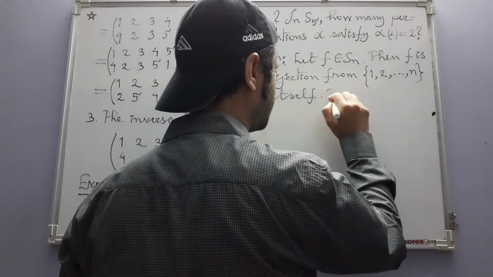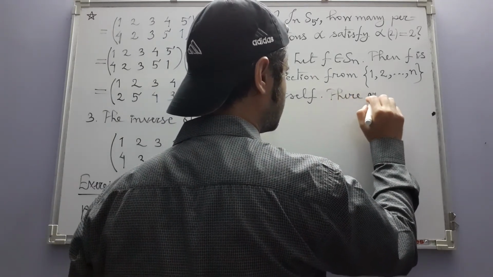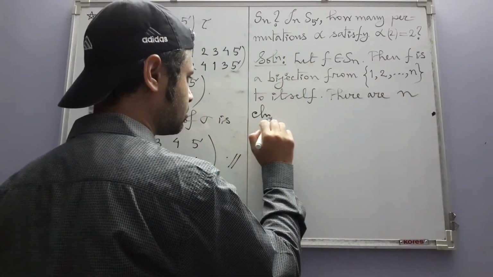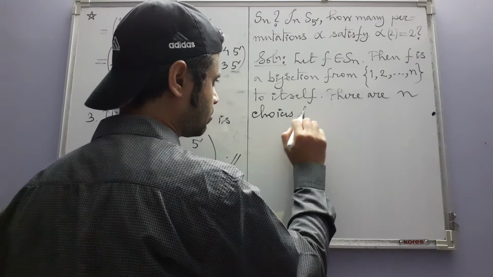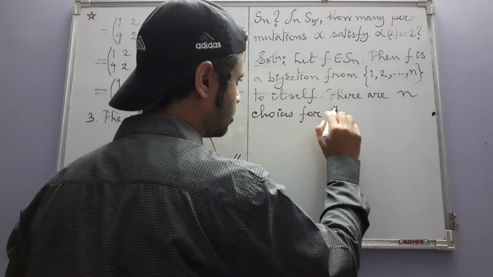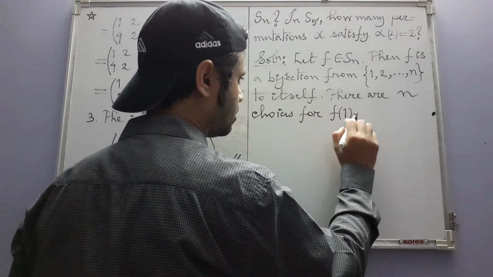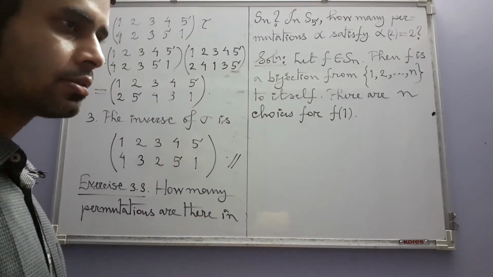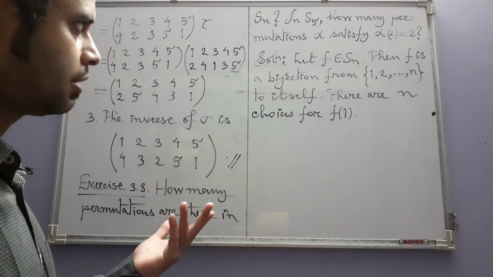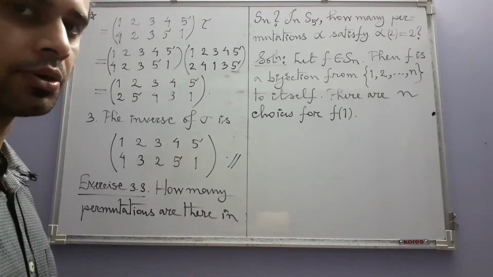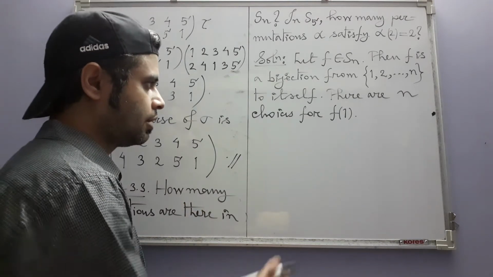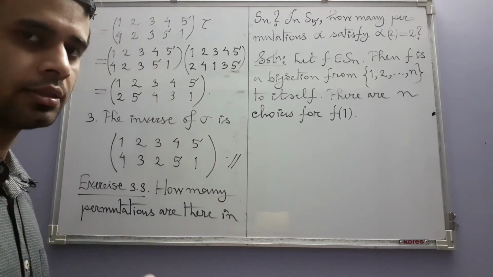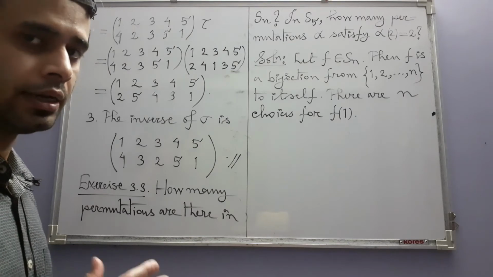There are n choices for f of 1. We are not saying what f is precisely, we have just taken f to be any permutation on n symbols. So f of 1 has n choices, it can either be 1 or 2 or 3 like that, all the way up to n, any one of these.